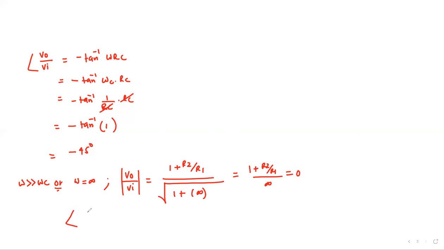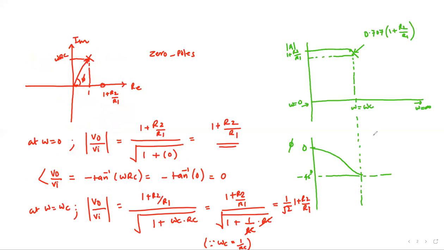And the angle would take the form of minus tan inverse of infinity, which comes out to be minus 90 degrees. So we see that when omega is very large, the gain is approaching 0 and the phase is approaching minus 90 degrees. So that's how this circuit behaves.